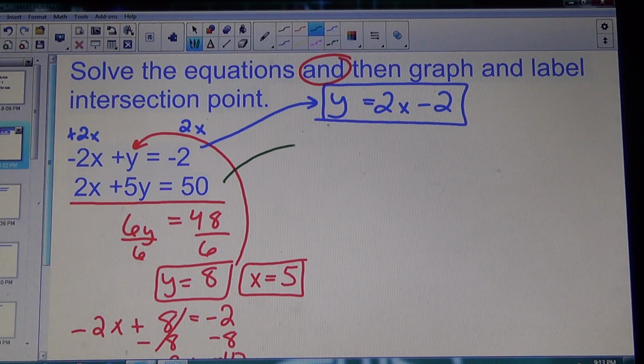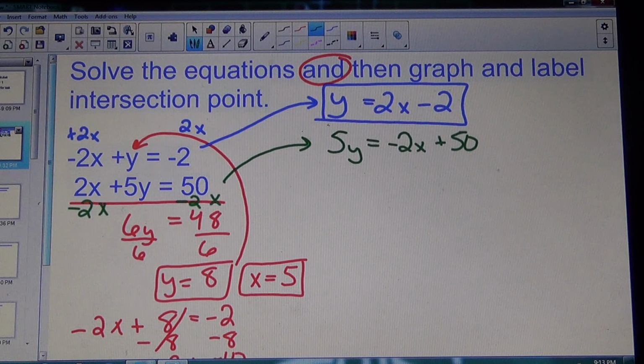And the second equation, I'm again going to get y by itself, so I'll subtract 2x from each side. I would be left with 5y equals negative 2x plus 50.